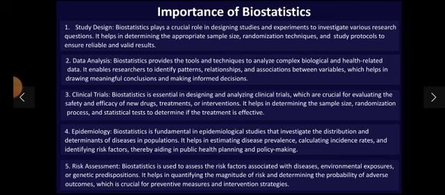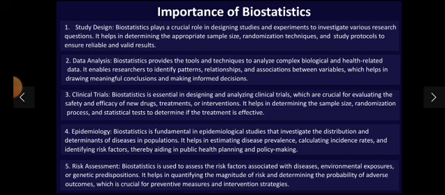It helps in determining the sample size, the randomization process, and the statistical tests. Okay, so when you're doing clinical trials, sometimes you will find out the reason why you're going to use a T test or a Z test, or any of the tests that has to do with clinical trials.